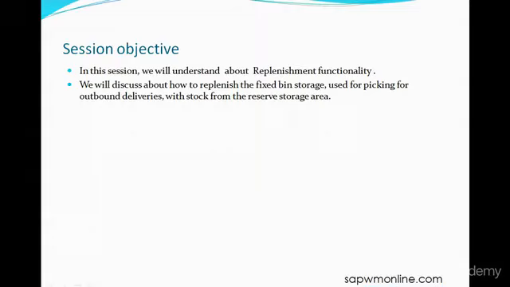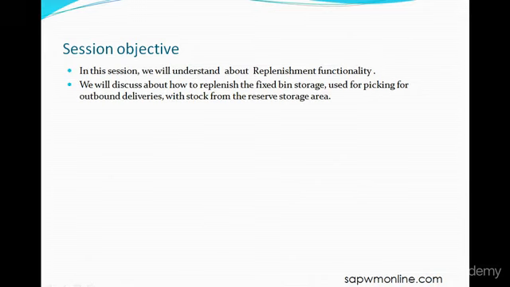So what is replenishment? Basically, replenishment is the act of replenishing the fixed bin from where we usually pick material for the outbound deliveries. This fixed bin is where we keep the material whenever it comes inside the warehouse.